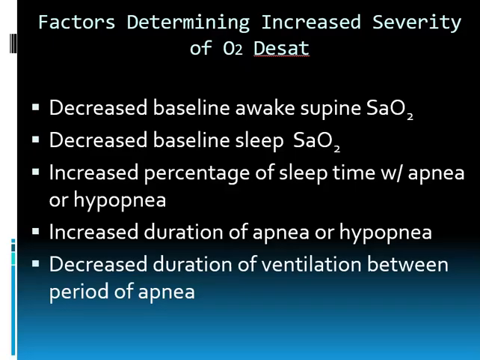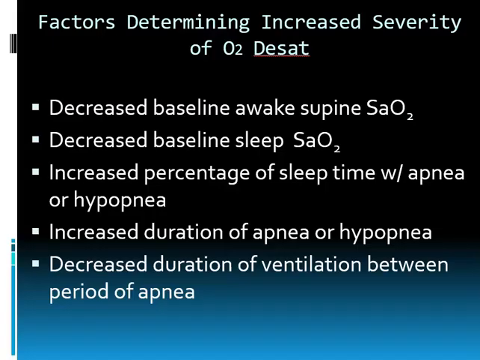But if those events are more prolonged, you can have hypopneas last upwards of 60 seconds or more. These very prolonged respiratory events are going to cause a very prolonged and more severe desaturation. Same thing with apneas. They can be quite prolonged as well. So the longer the event, typically the more severe the desaturations that you see.